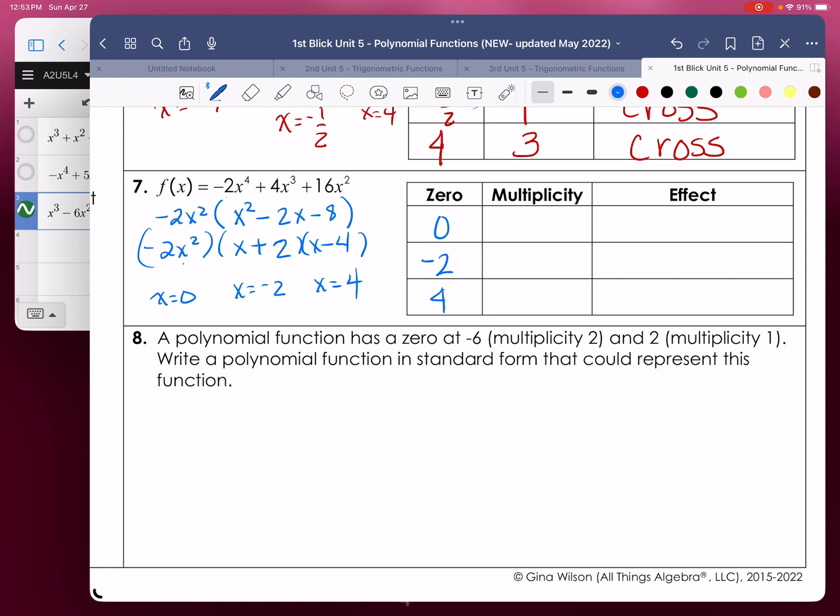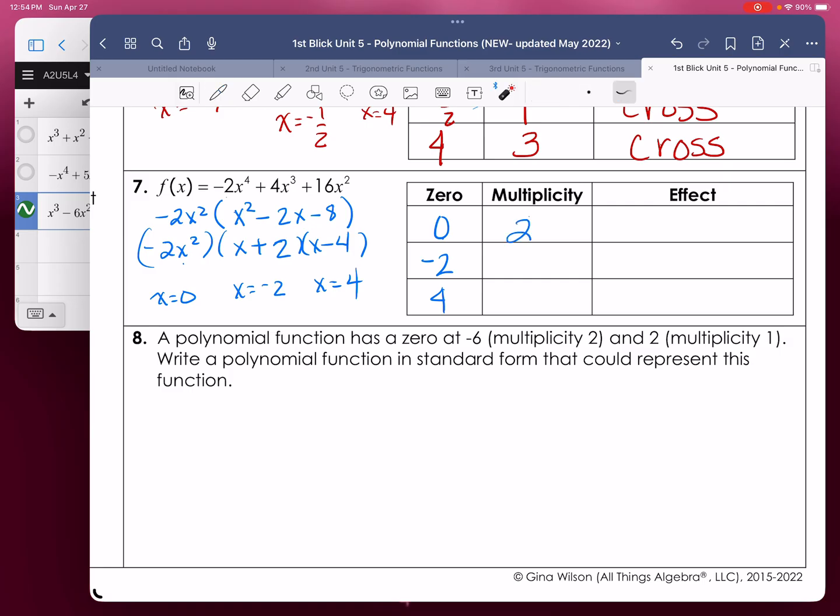At the point where x is 0, that's going to be an even one. For x is equal to 0, I look back over here, and that had an exponent of 2, so my multiplicity is 2.